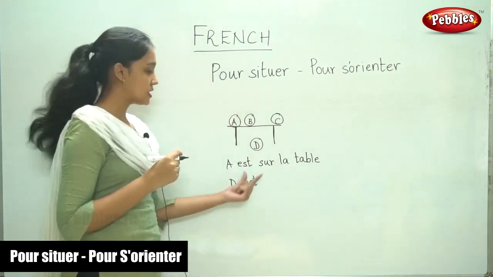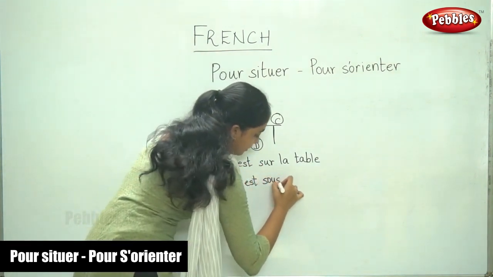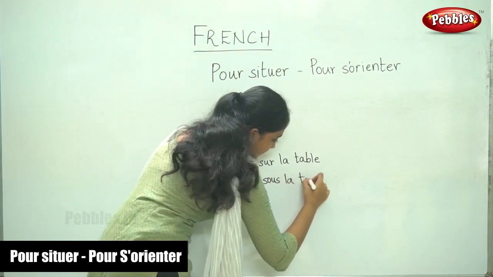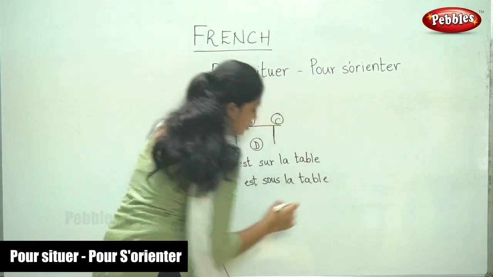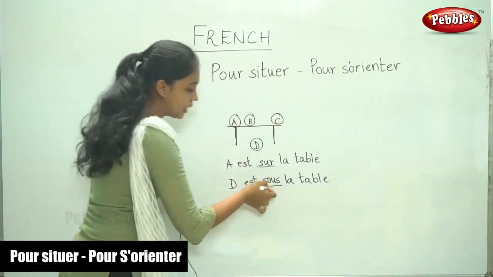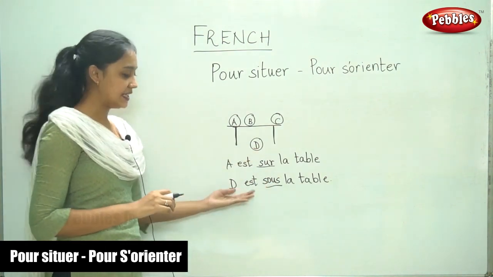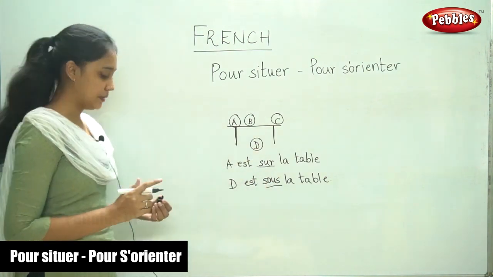So you want to say under. So you say sous la table. So A est sur la table, D est sous la table. So A is on the table, D is under the table.